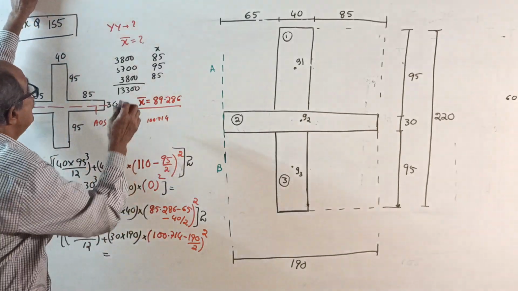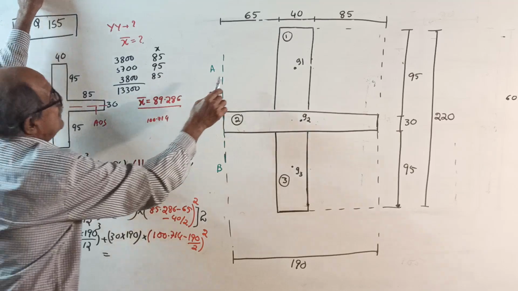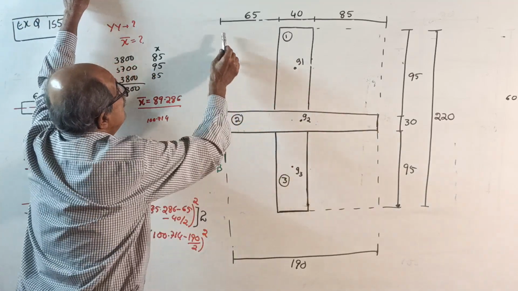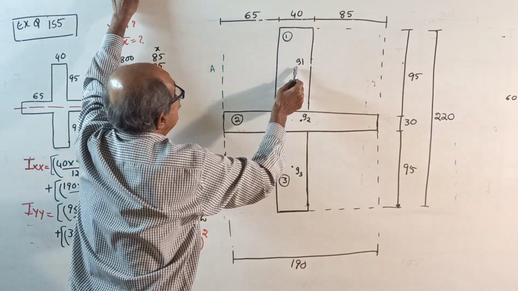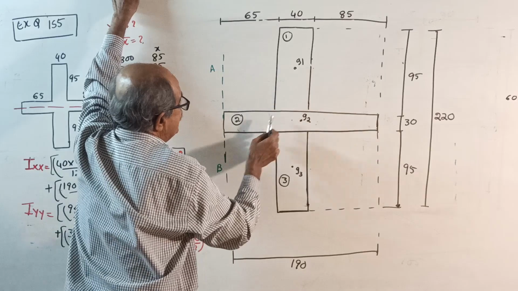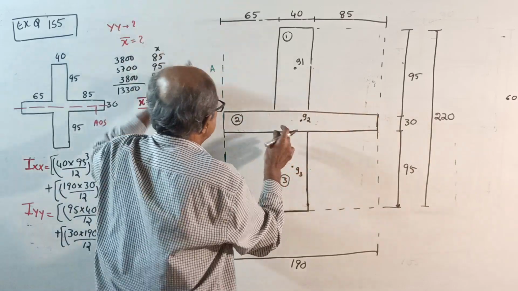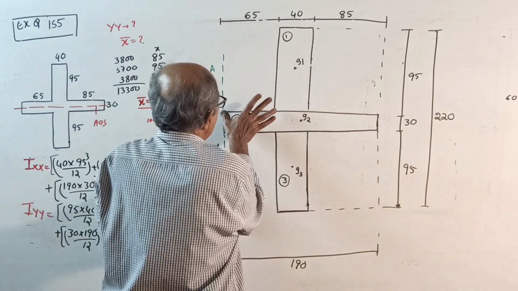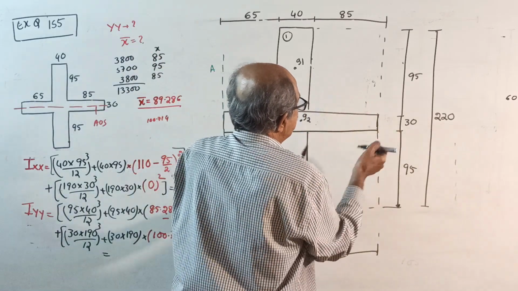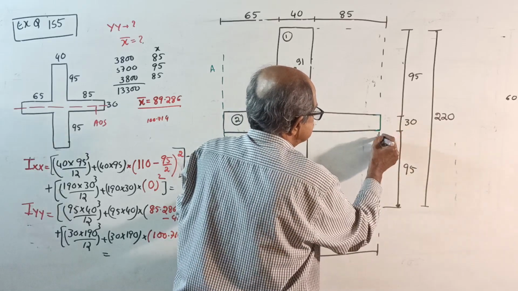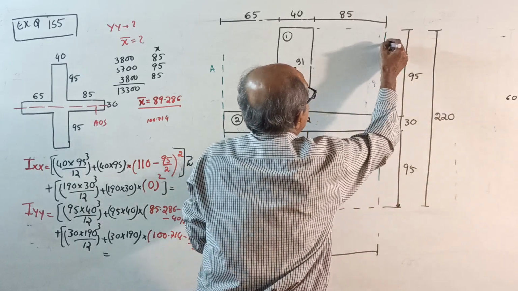Okay, start. A1, x1, A2, x2, A3. See now, 65 plus half of 40 is 85, center. But here, this side is 85, this side is 65. See, this is 65, this is 85, a little bigger. Not a big issue, 85.